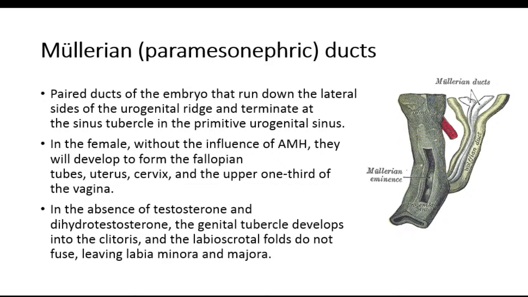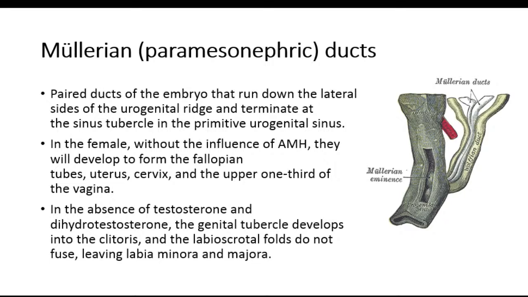In the absence of testosterone and dihydrotestosterone in the female, the genital tubercle develops into the clitoris, and the labioscrotal folds do not fuse, leaving labia minora and labia majora.